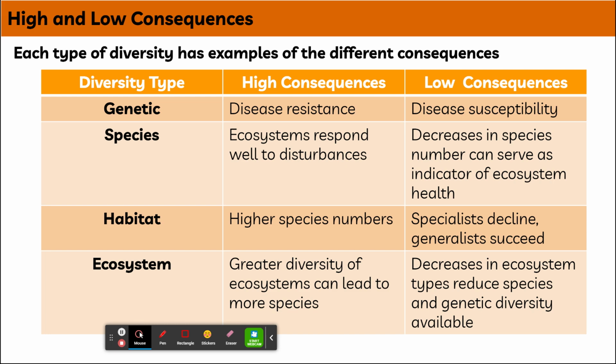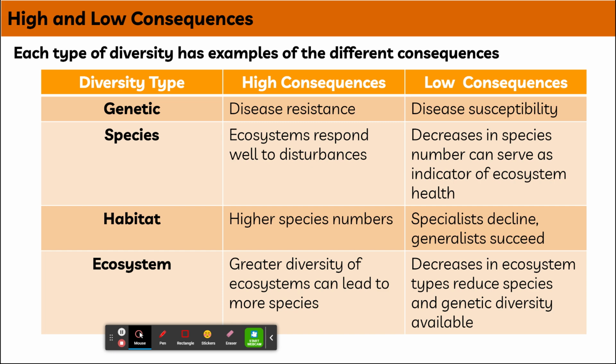So if we look at each type of biodiversity, let's start with genetic. There is a high consequence of you being really disease resistant, but a low consequence would be disease susceptibility. And as we read over these, different types of diversity are going to have different types of consequences.